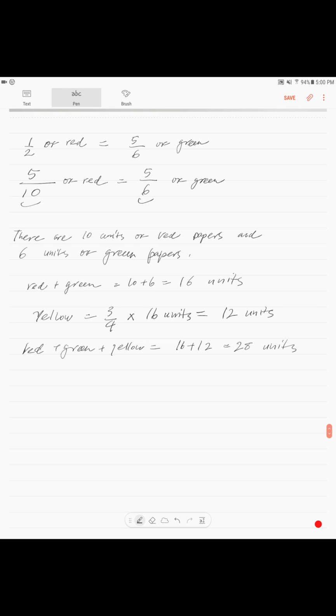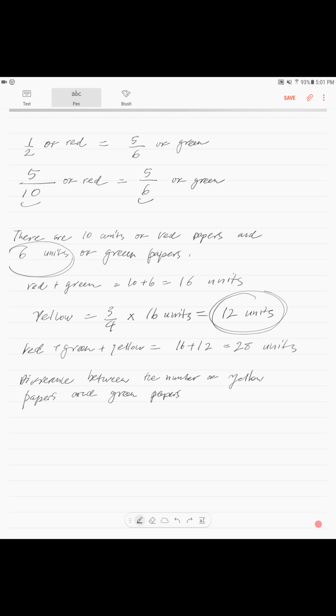This is the difference between the number of yellow papers and green papers. What is the difference between yellow and green?